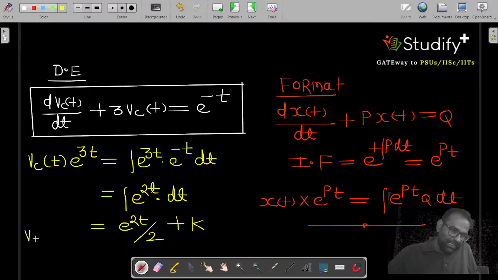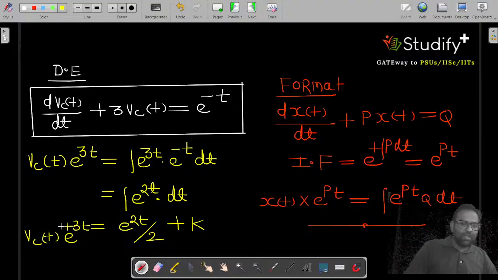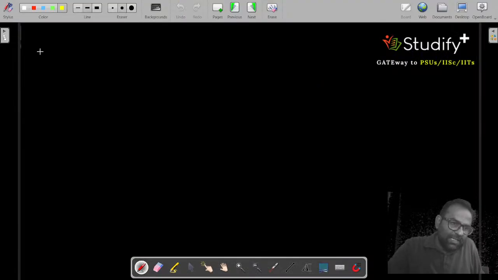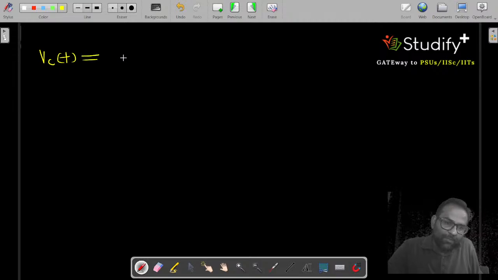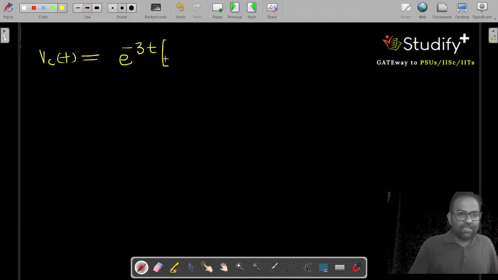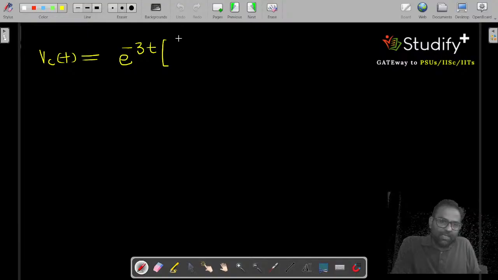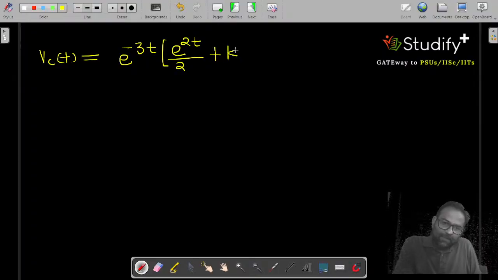Equal to VCT into e to the power 3t. Correct? When I solve this equation, I can write VCT equal to e to the power minus 3t multiplied by e to the power 2t divided by 2, plus k.